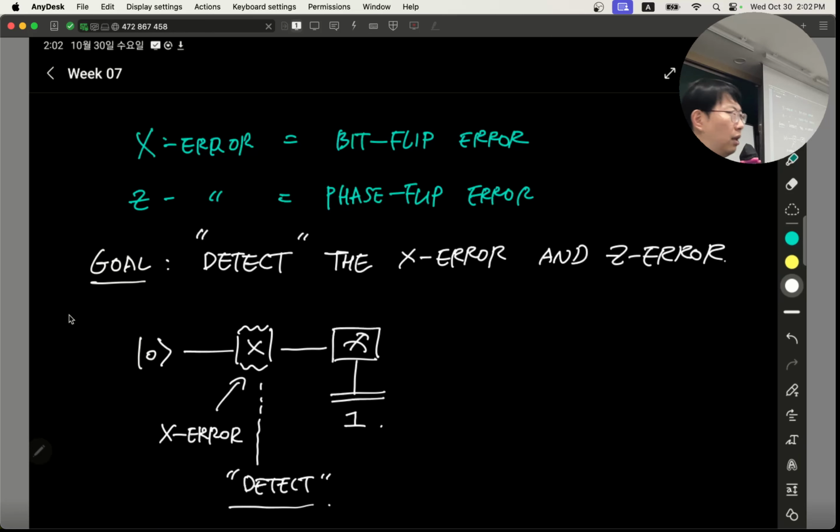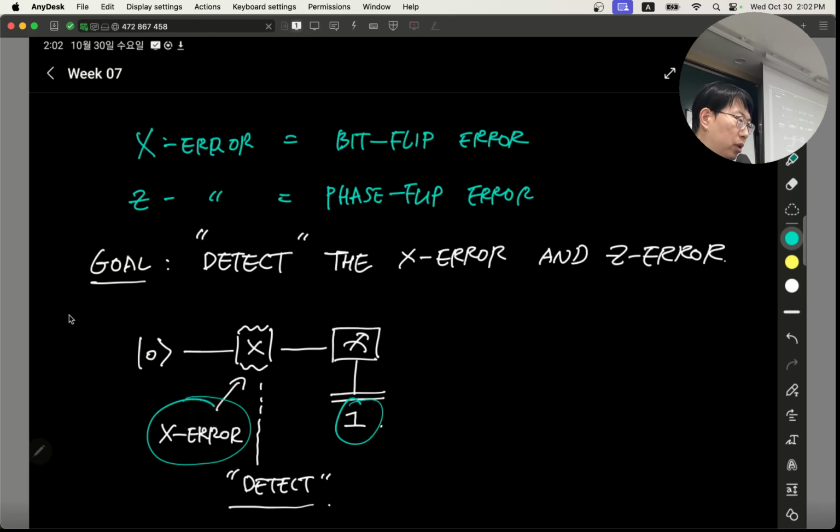Even if you detect, you cannot detect while the circuit is running. You almost get the entire information about the existence of errors and the result at the same time. So when you run the circuit, the information that you got 1 as an output and that you had an X error in your circuit are gathered at the same time.